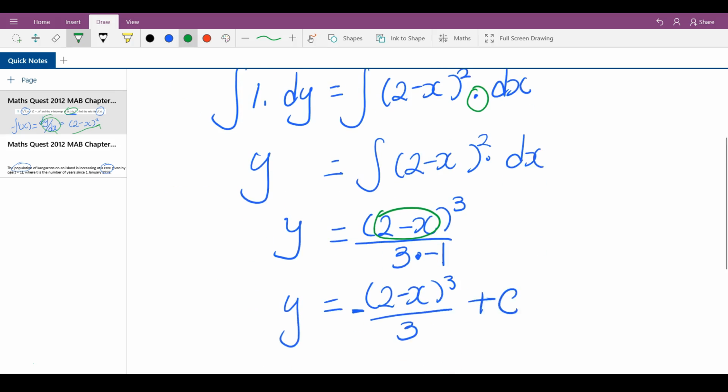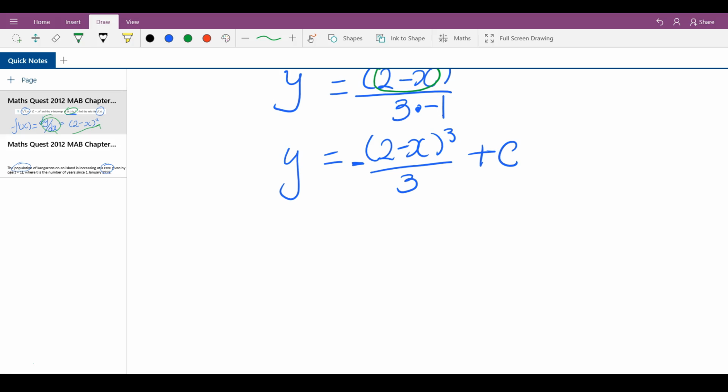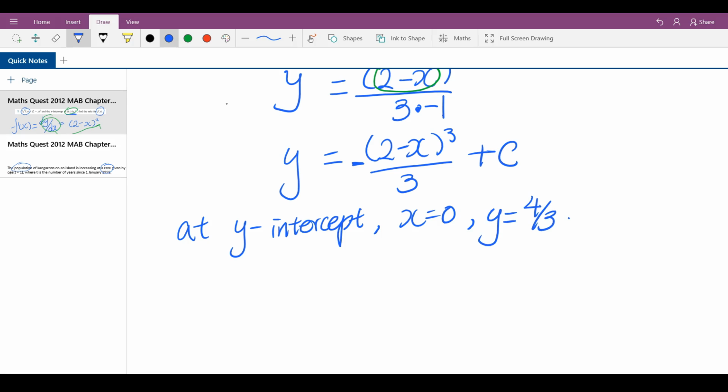So at the y-intercept, what's our x value? The x value would be 0. x equal to 0, and the y coordinate is 4/3 as given.